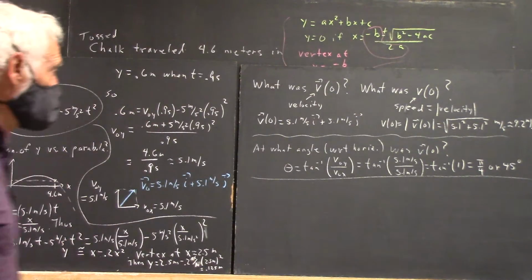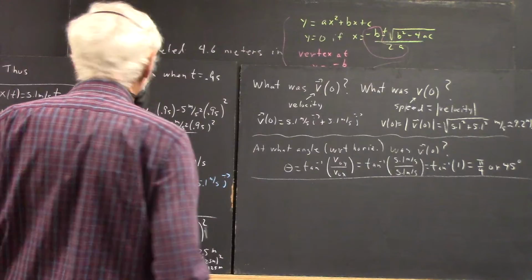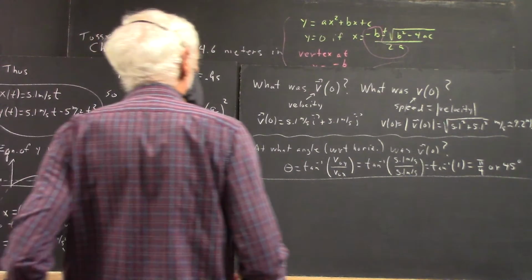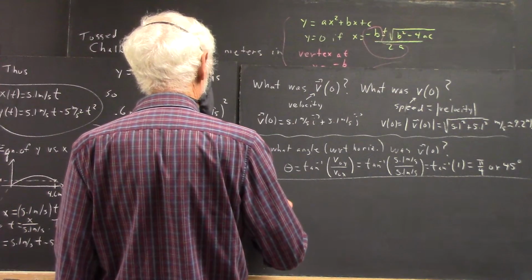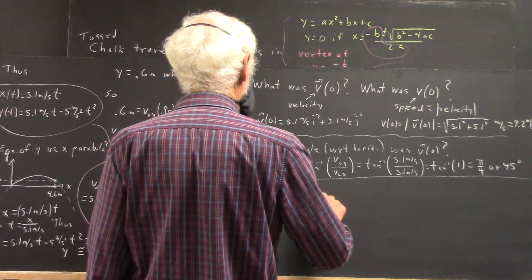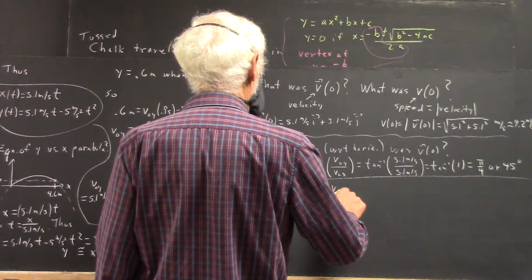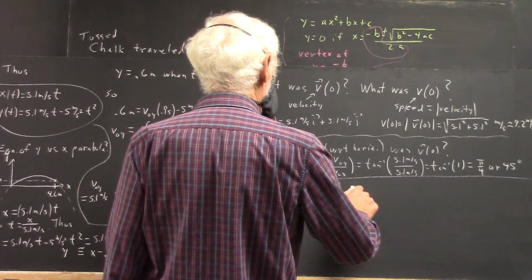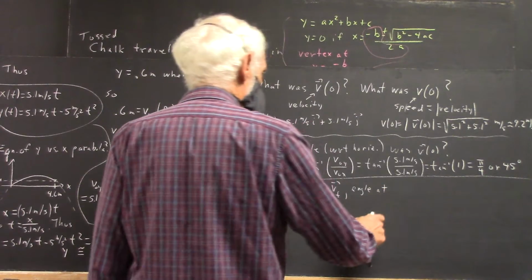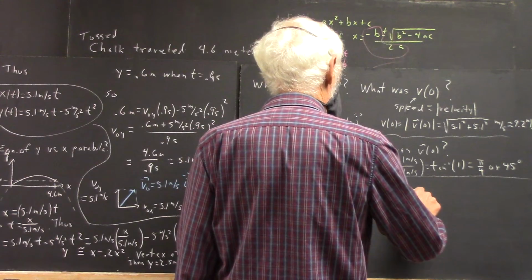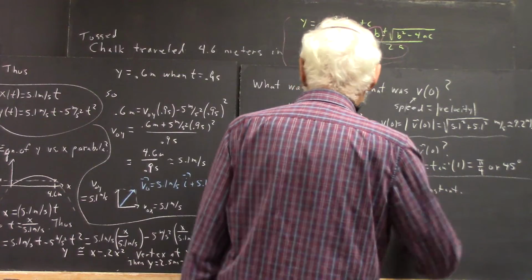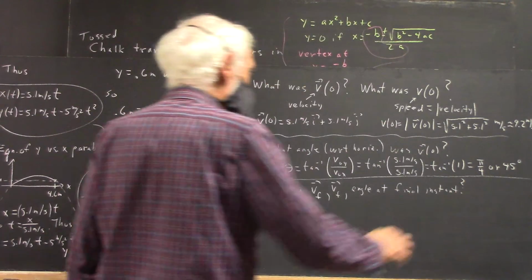Okay, well, back here. So we can determine all these. Now, what about the same thing for VF? What were V naught, VF, and the angle at the final instant?